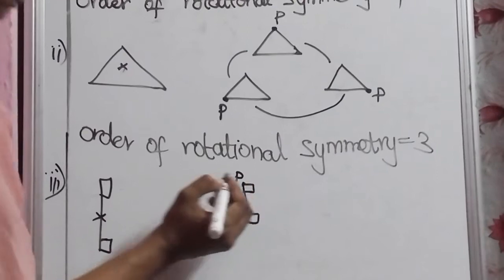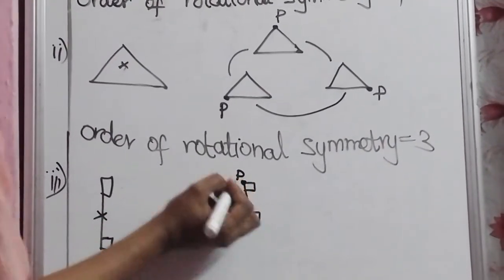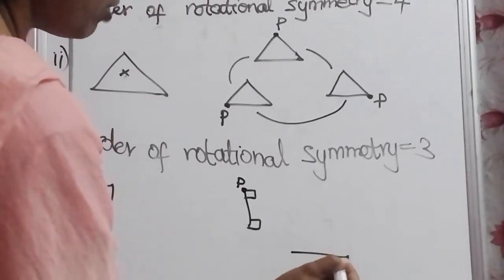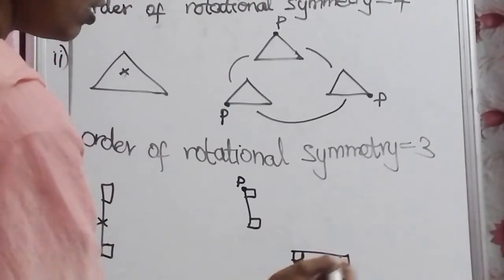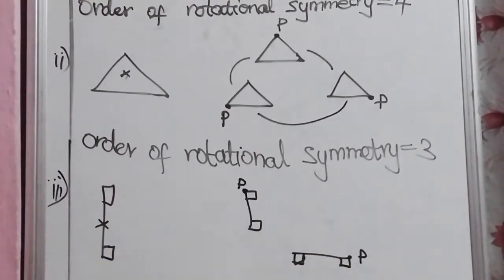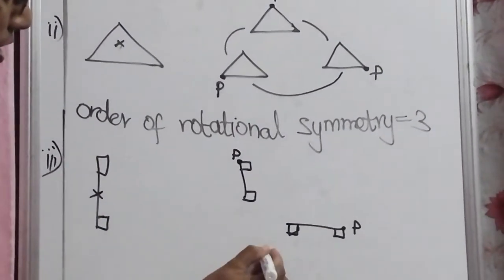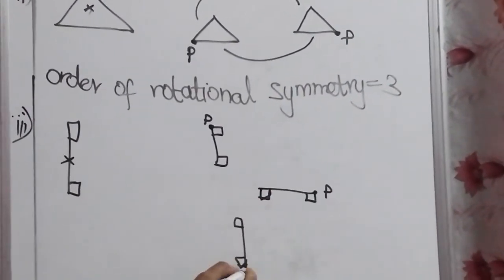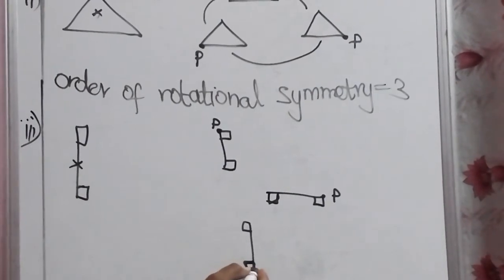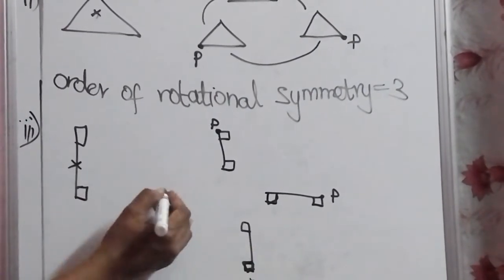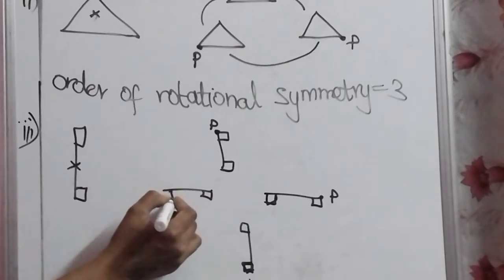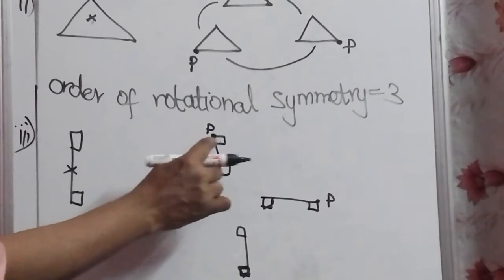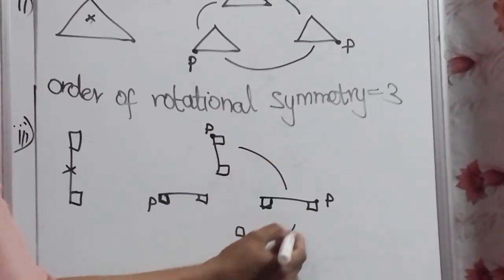So let me write this as P. This point is P. Now if this is rotated, you come across this shape. P is moved this side. Then if you rotate this once more, P is going to go down. Then if you rotate this again, P is going to come sidewards. And then when you rotate once more, you are going to get P like this.